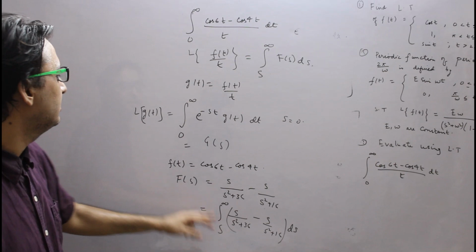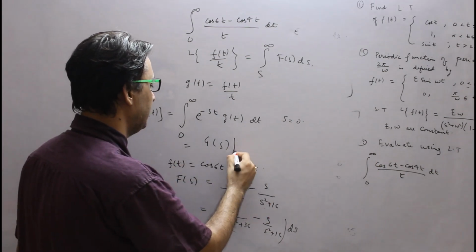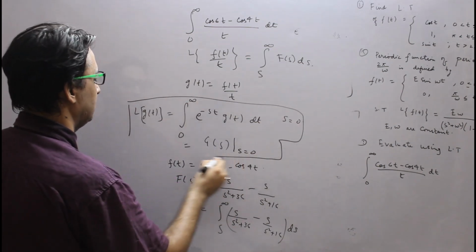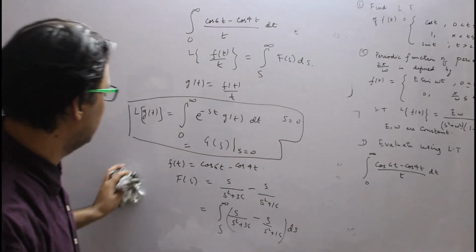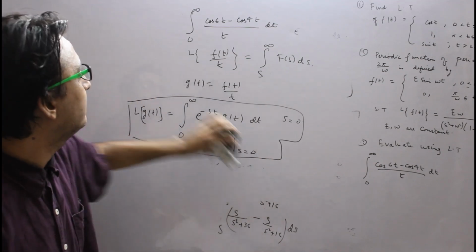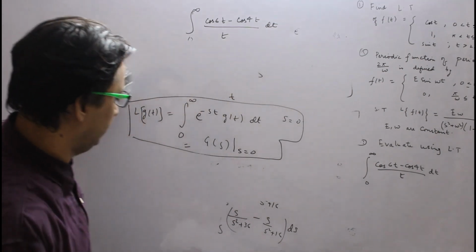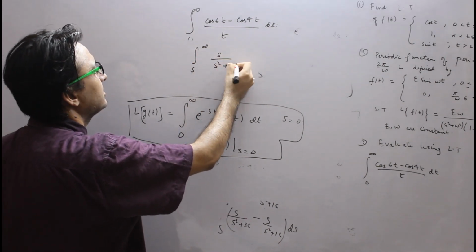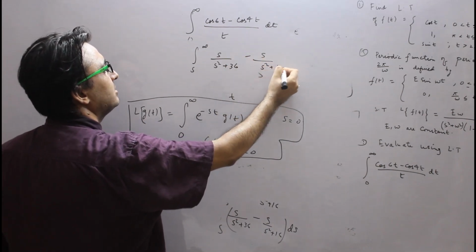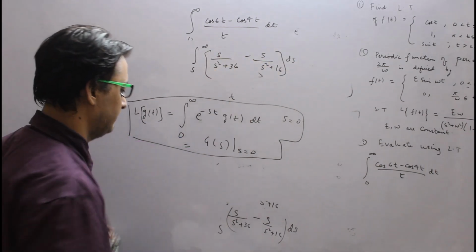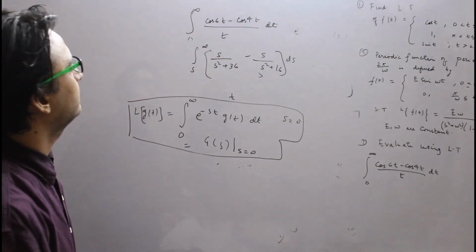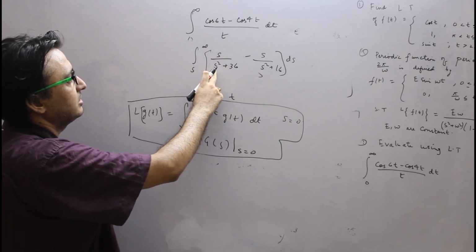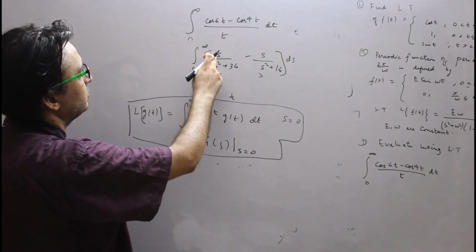Once we evaluate this integral, we get g of s, and we have to put... So we have to make a note of this. So our integration will be s to infinity s by s square plus 36 minus s by s square plus 16 ds. So if we take this integration, this is the log of this, so this is 2 times, so it is half here.